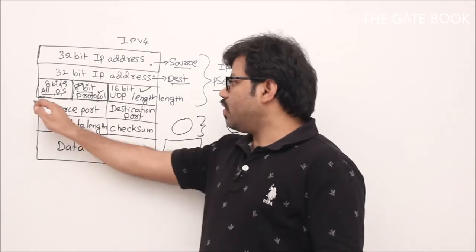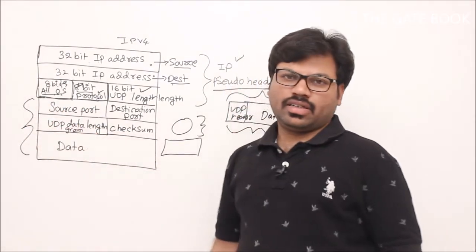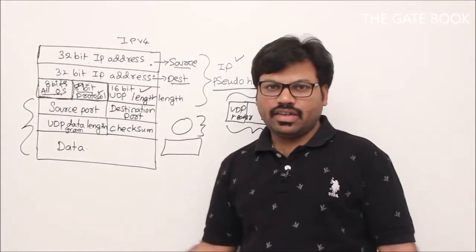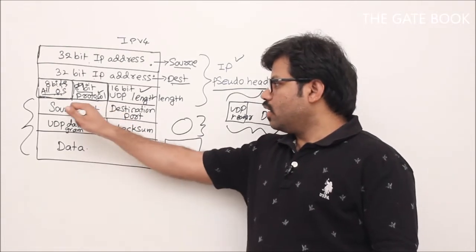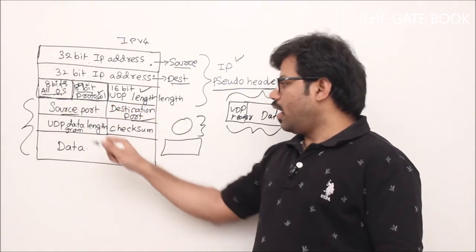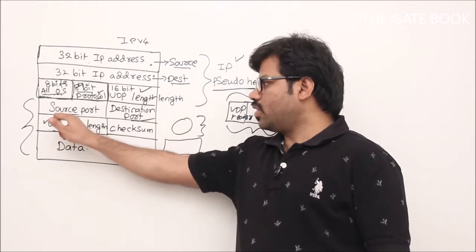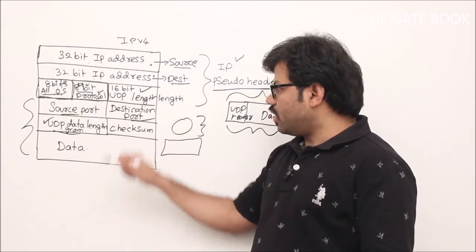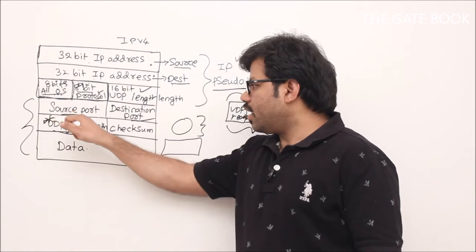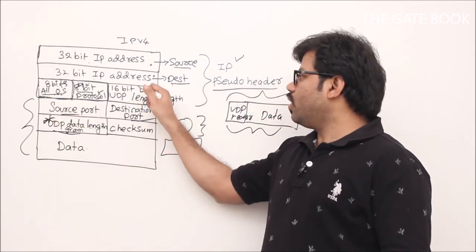After that comes your UDP part. You know what UDP contains, right? The UDP header: source port, destination port, and UDP datagram length. You see one thing: here we are taking the UDP datagram length, and here also we are taking the UDP datagram length.